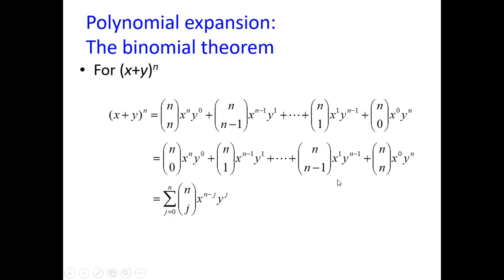To conclude, the general equation will be the summation for j from 0 to n of C(n,j) x power n minus j, y power j. Okay?